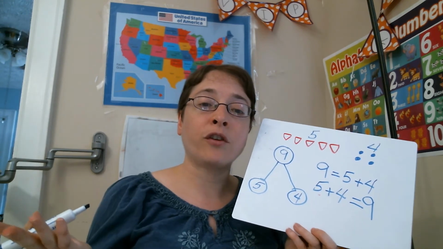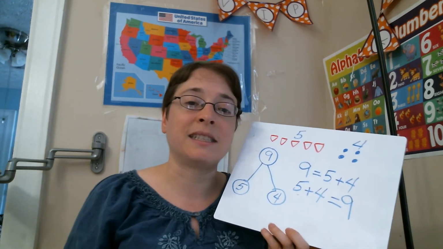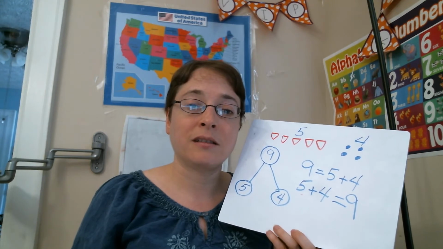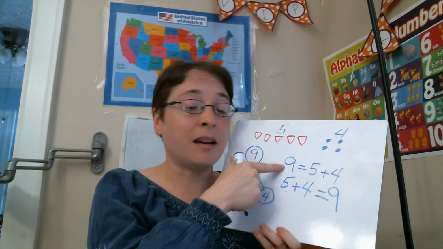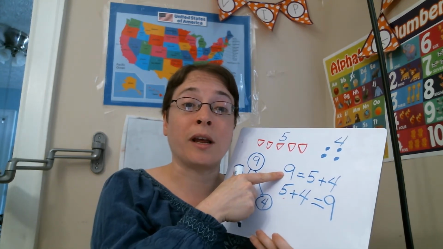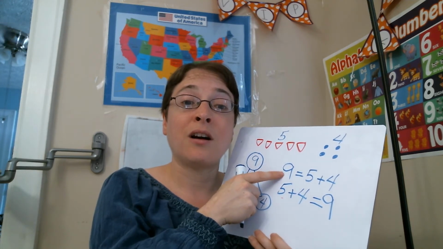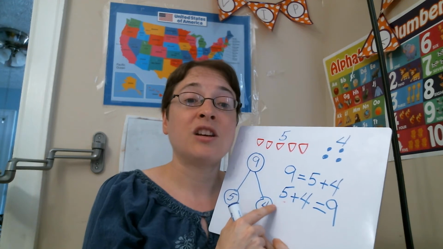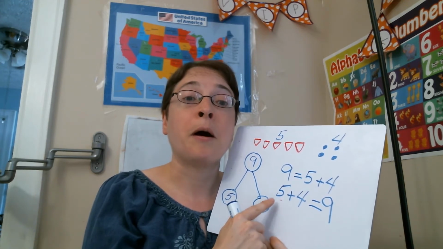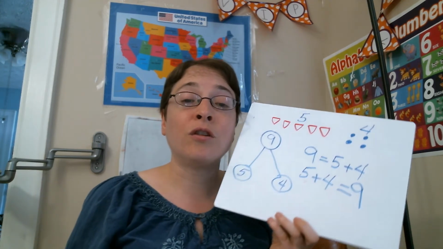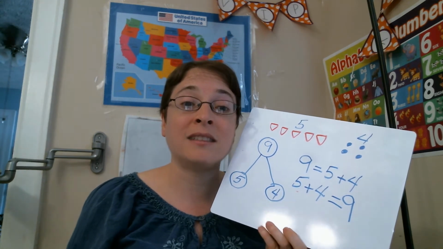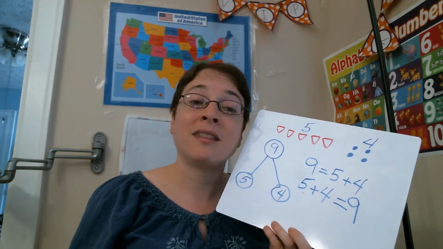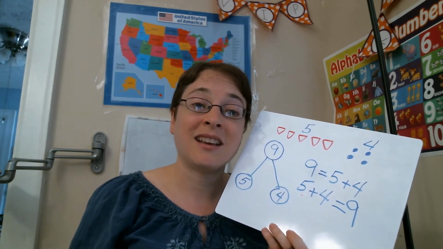So how are those two number sentences different? This number sentence starts with the whole. This number sentence starts with the parts. So those are two different ways you can make the number sentences.